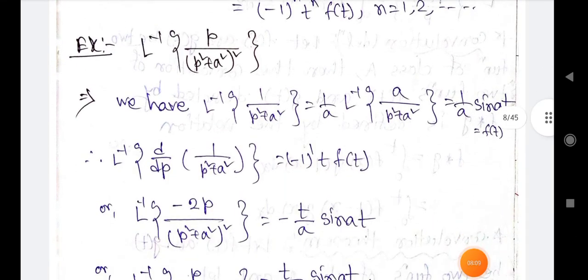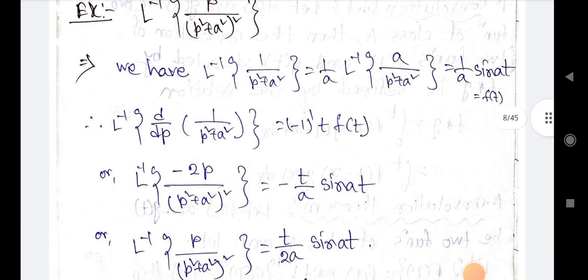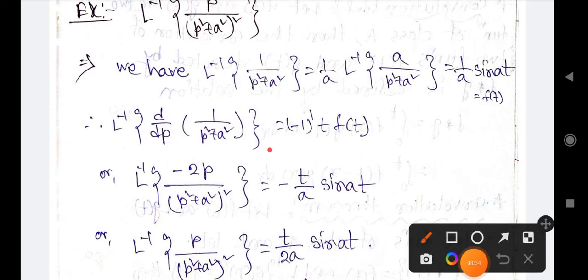Now next example: Laplace inverse of p by (p square plus a square) whole square. We have Laplace inverse of 1 by p square plus a square equals 1 by a sin at. That is, Laplace inverse of d by dp of 1 by p square plus a square equals (minus 1) to the power 1 t f(t).